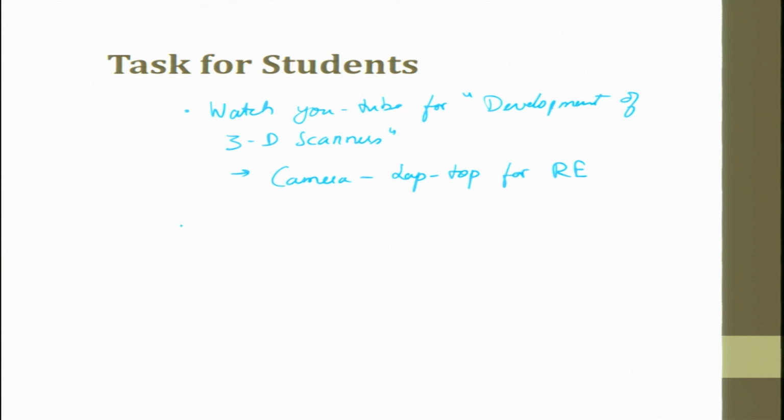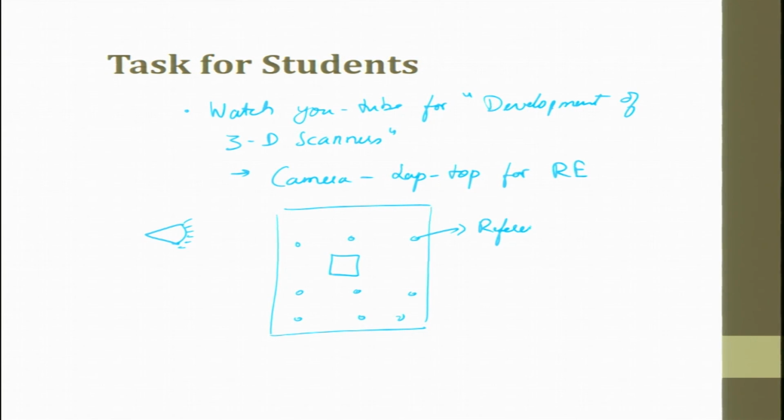They take a camera and keep an object in a frame, and in that frame they have reference points. These are reference points, and this is the object. They calibrate with respect to the reference points, then go to the object, scan the image of the object and try to get the data.